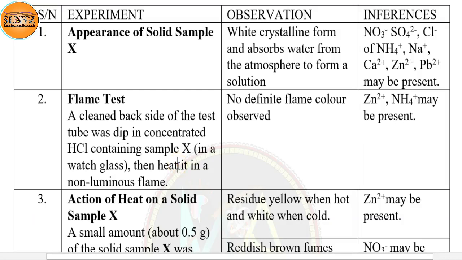This is heated because this is past tense, in a non-luminous flame. No definitive flame color observed. Zinc, ammonium may be present.